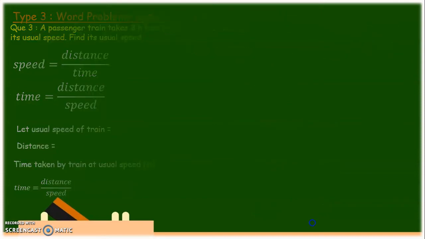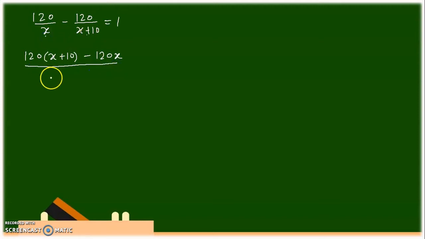Now on further simplifying, 120 divided by x minus 120 divided by x plus 10 equal to 1. Now if you do the cross multiplication here, this is 120 multiplied by x plus 10 minus 120 multiplied by x, divided by x multiplied by x plus 10, equal to 1.